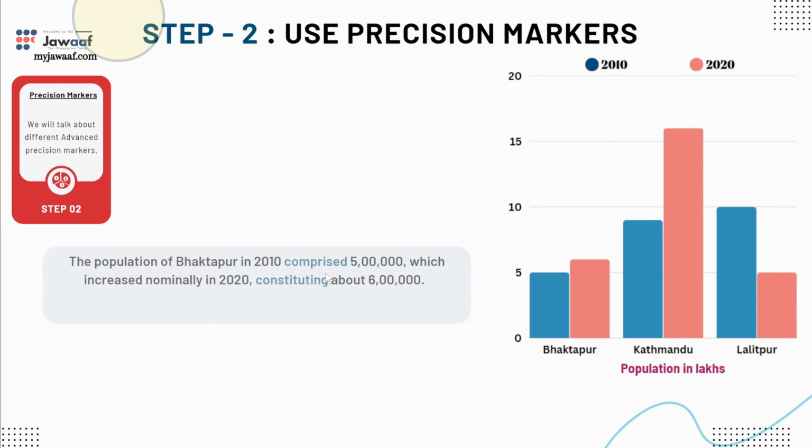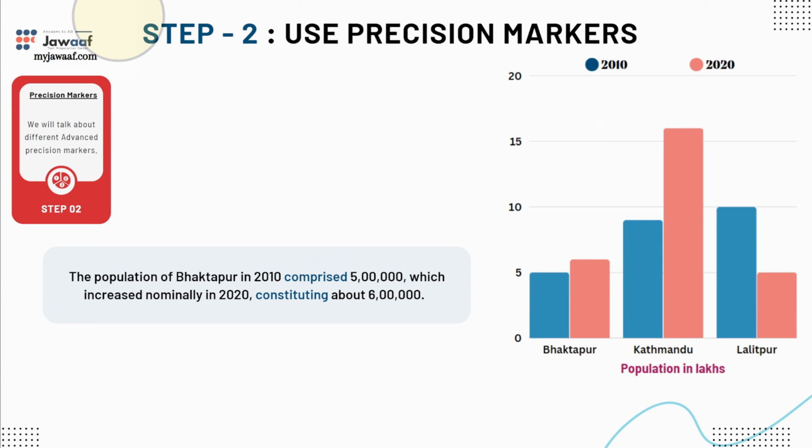Let's see another example. Okay, so here we have the same thing, and we have the word about. So what does this word refer to? Is it a verb? No, it is not a verb. It is a precision marker. So what is a precision marker? This is very important. I don't see most of the students knowing about it.